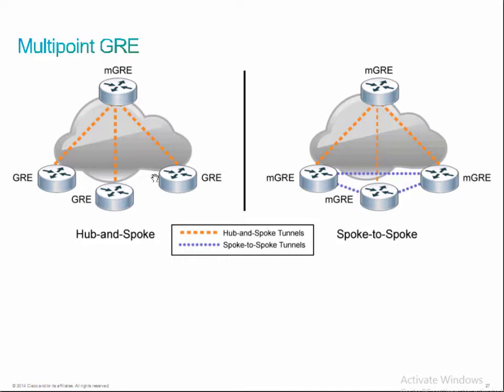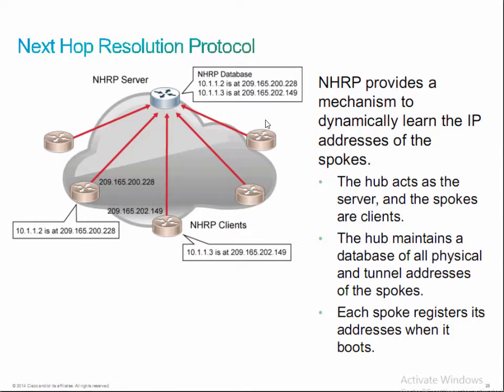Let's talk about the Next Hop Resolution Protocol, because this is a key component to this GRE solution. It's an extension of something that comes from ATM ARP. A sender would use this protocol to determine a route with the fewest hops to whatever receiver it's trying to communicate with.